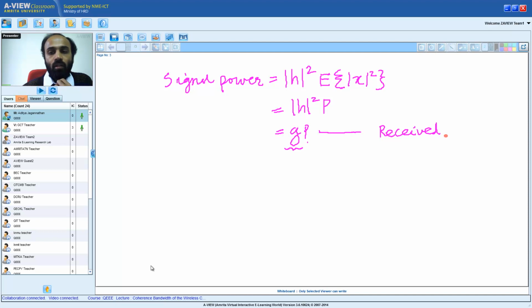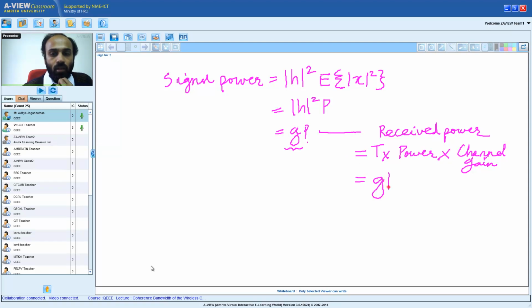That is, received power equals transmitted power times channel gain, which is G times P. I'm getting a question regarding the impact of scattering and diffraction.